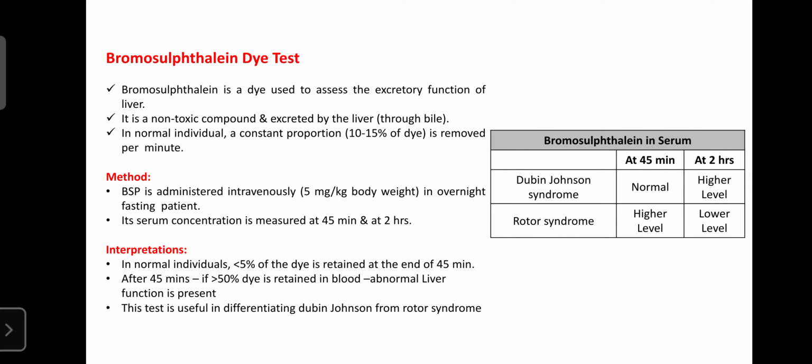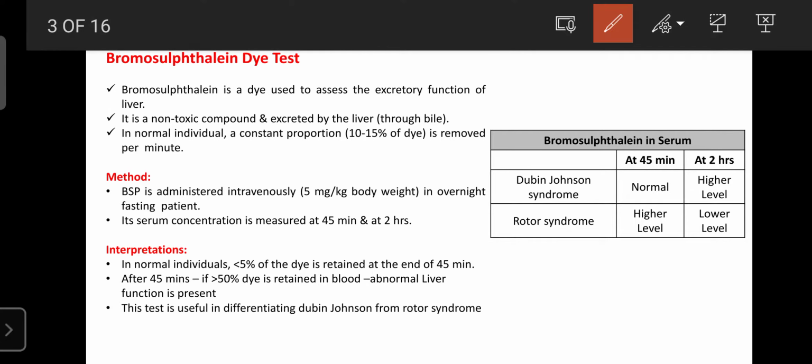Regarding the bromosulfathalein dye test, it is a dye mainly administered by the IV route. It is commonly used to assess the excretory functions of the liver, because the excretory function of the liver is most important, as it can excrete toxic substances like bile and ammonia.